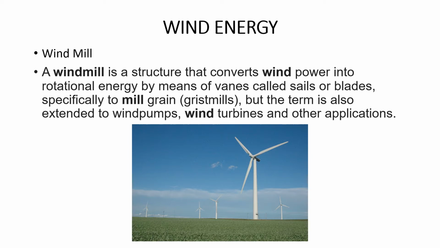When the armature coil rotates inside the field magnet, or in reverse, both are okay, there is a change in magnetic flux linked with the coil, and an EMF, a current, will be induced in it. We know that this phenomenon is electromagnetic induction. So wind energy is used for rotating the armature coil, and thereby it produces electricity. This electricity can either be stored in a battery, or we can directly use it by changing the voltage with the help of a transformer.